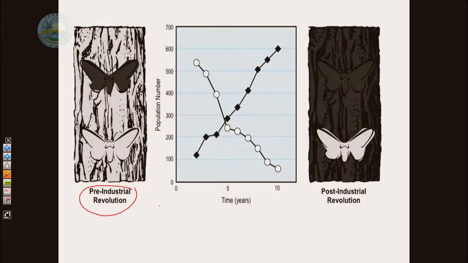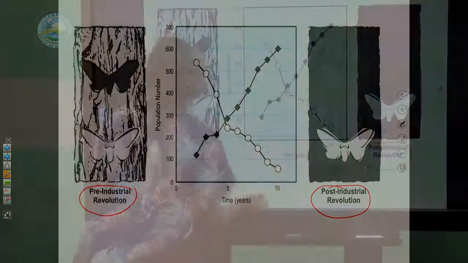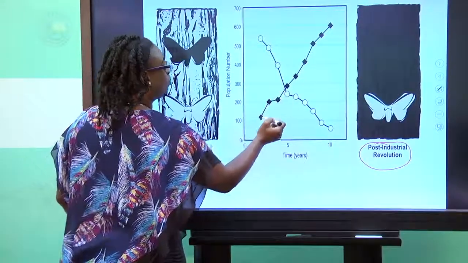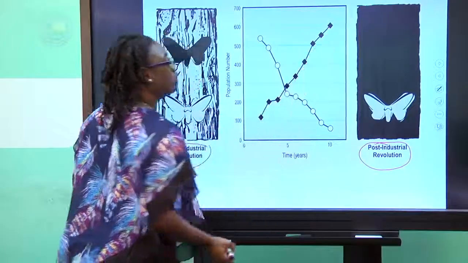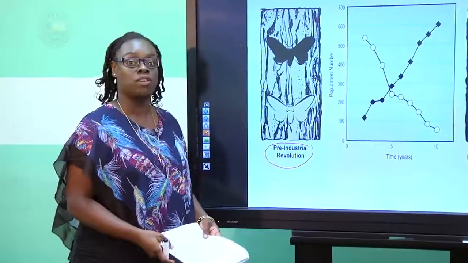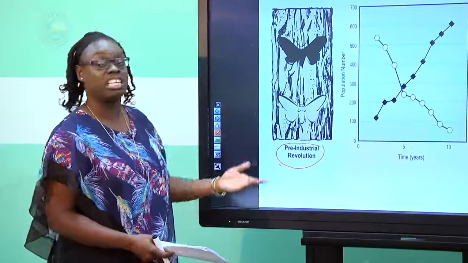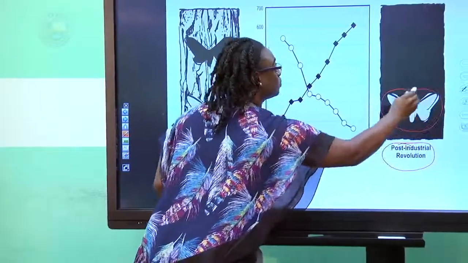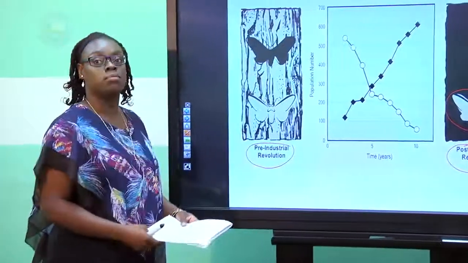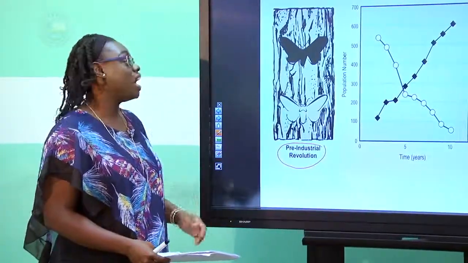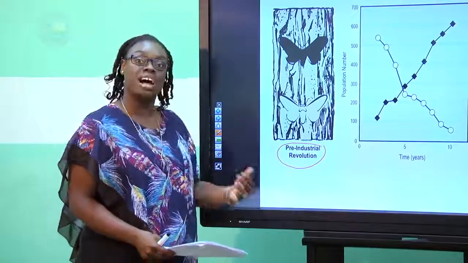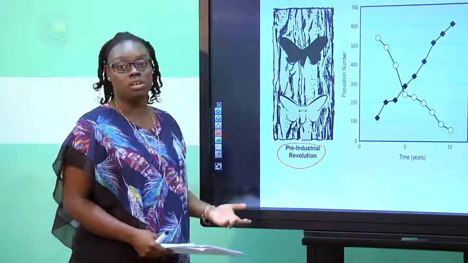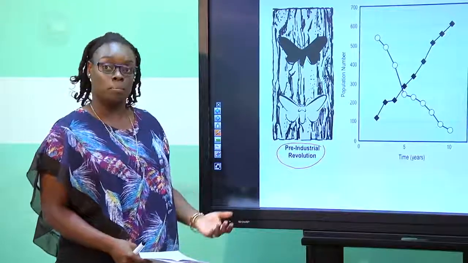Whereas after the Industrial Revolution, we had the black peppered moths, represented by the black squares, their numbers increasing because they were now well camouflaged and not selected against. So the white ones were eaten, and the black peppered moths were able to survive and reproduce and pass on that mutated gene until they became the dominant existing moth at the time.